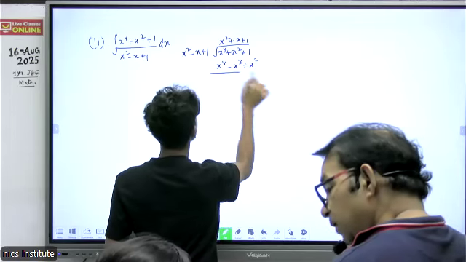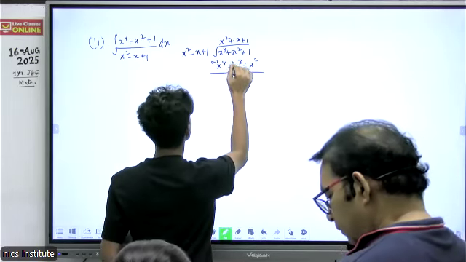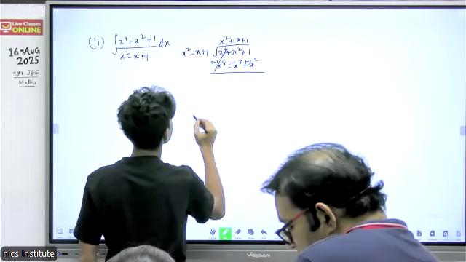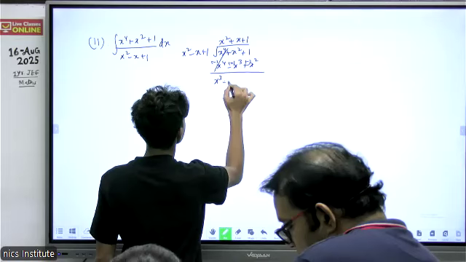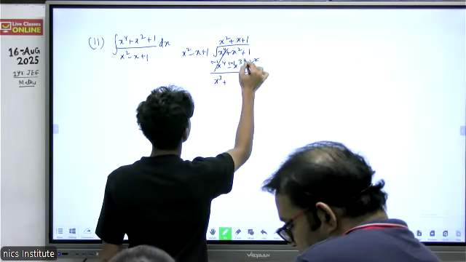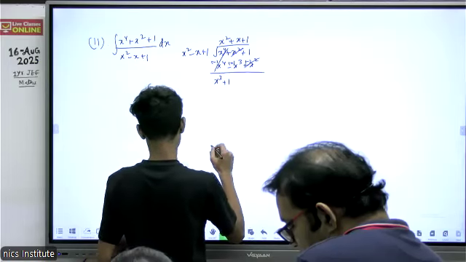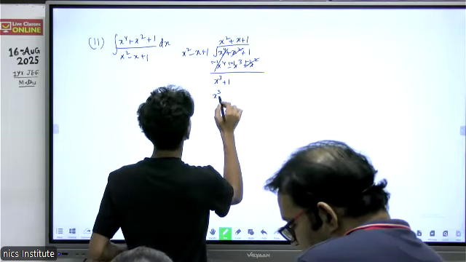It'll become x square plus 1 whole square. If you add x square in the numerator, subtract x square, then it is x square plus 1 whole square minus x square.